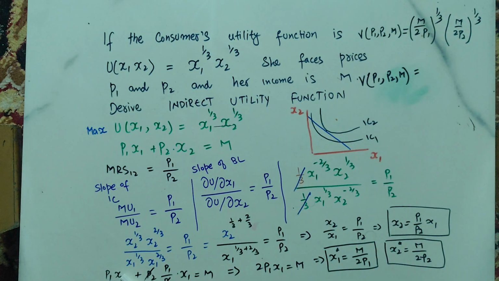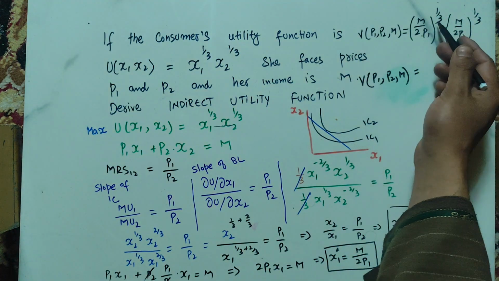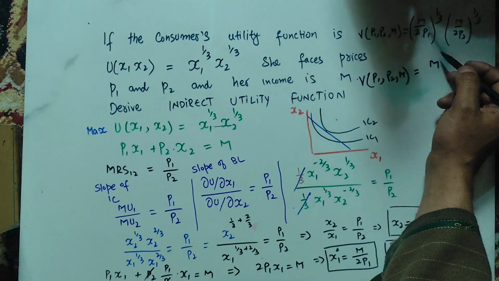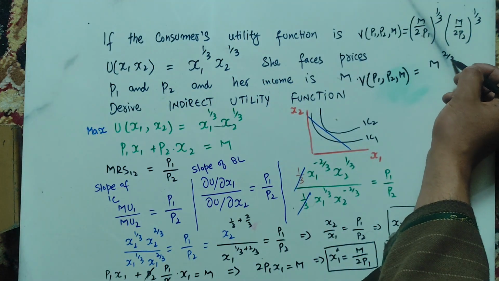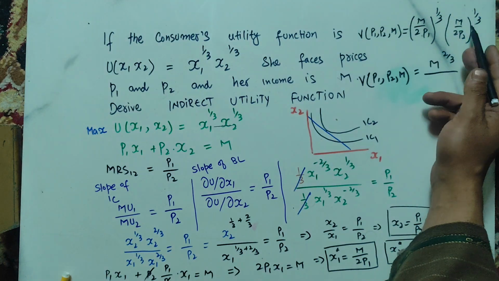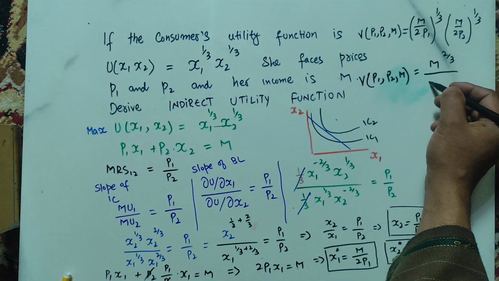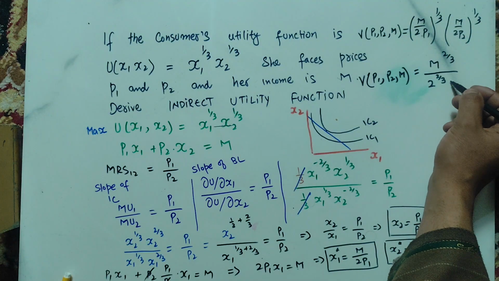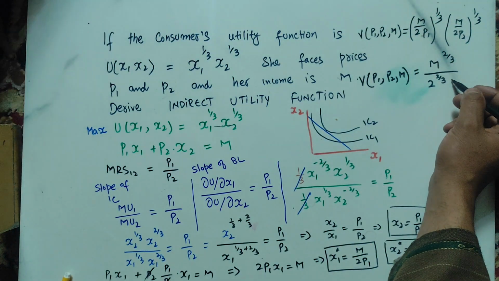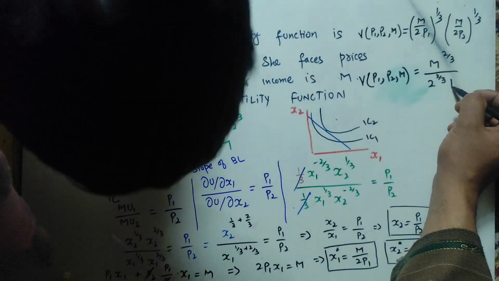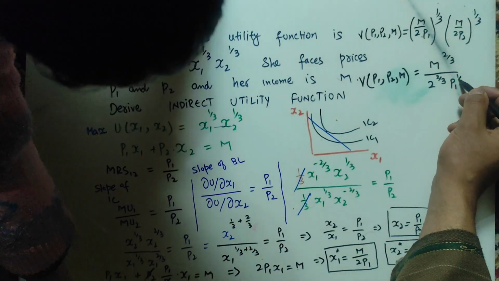Okay, so we have m raised power 1 upon 3, m raised power 1 upon 3, it will become m raised power 1 upon 3 plus 1 upon 3 is 2 upon 3, divided by, so 2, here we will get 2 raised power 2 upon 3, then P1 raised power 1 upon 3.